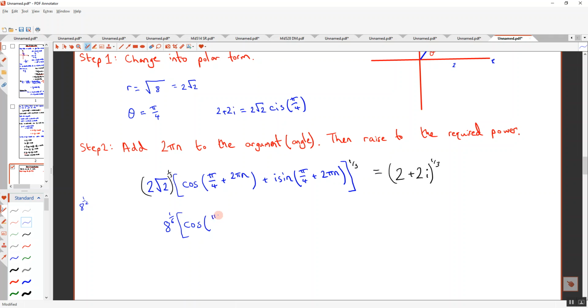So it becomes cos of pi over 12 plus 2 pi n over 3, plus I sine pi over 12 plus 2 pi n over 3.